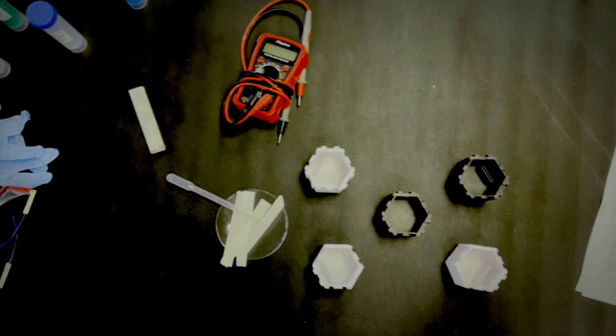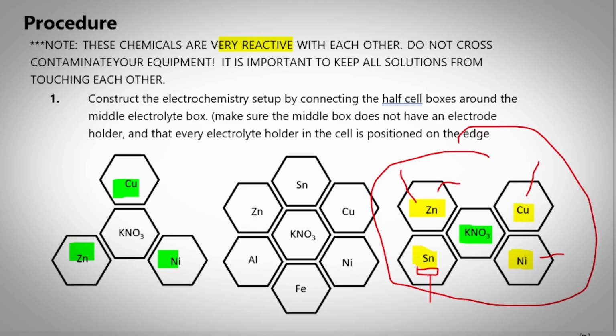Why do we care about bridges? Is because going back here on our setup, there you go. All right, so going back on this setup, these solutions need to be connected by a bridge, right?